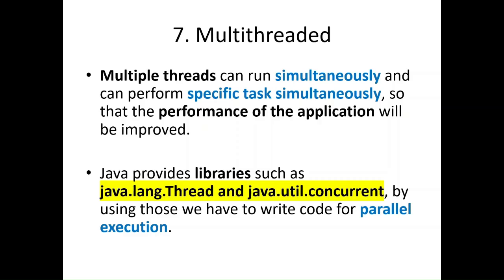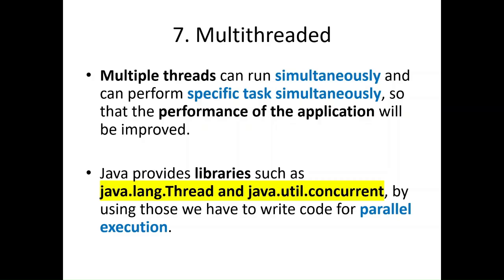So multiple threads can run simultaneously. We can make multiple tasks execute simultaneously so that the performance of the application is improved. Java already has libraries like java.lang.Thread and java.util.concurrent. These are predefined packages in Java, responsible for this parallel execution.